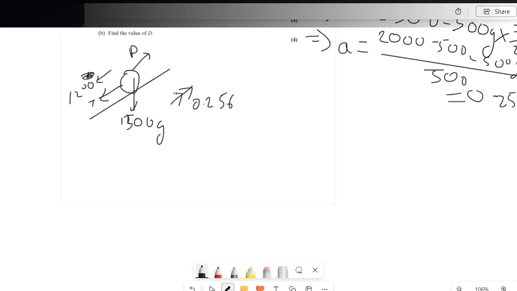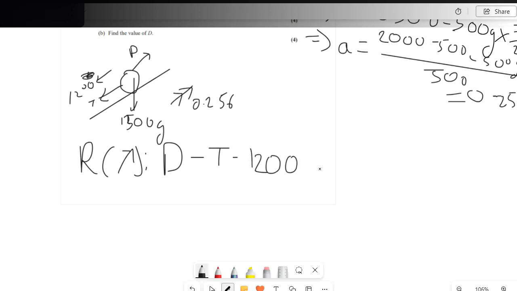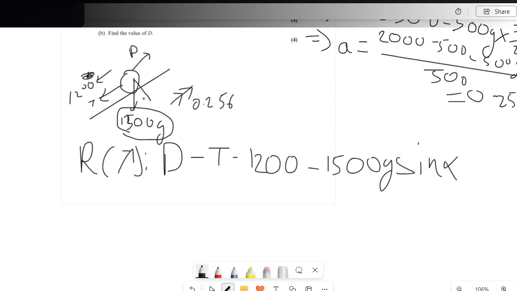And so therefore we can resolve upwards parallel to the plane again to get D minus thrust minus 1200, and then minus the component of the weight along the plane, which is 1500g sine alpha again, because as we know, this part is cos alpha and this part is sine alpha, equals mass into acceleration. So 1500 into acceleration, which is 0.256 meters per second squared.